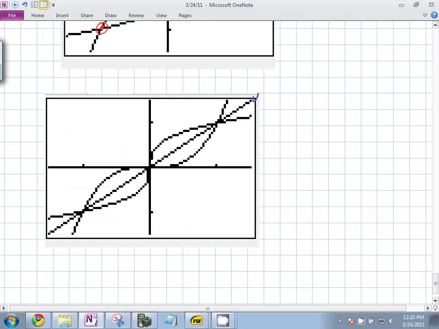Well, let's say I didn't give you the equation for one of these functions, and I said make a graph. Let's say we looked at that point right there. Let's call it (a, b). That's on the original function, y equals x cubed. If (a, b) is on the original function, what point has to be on its inverse? (b, a), exactly.